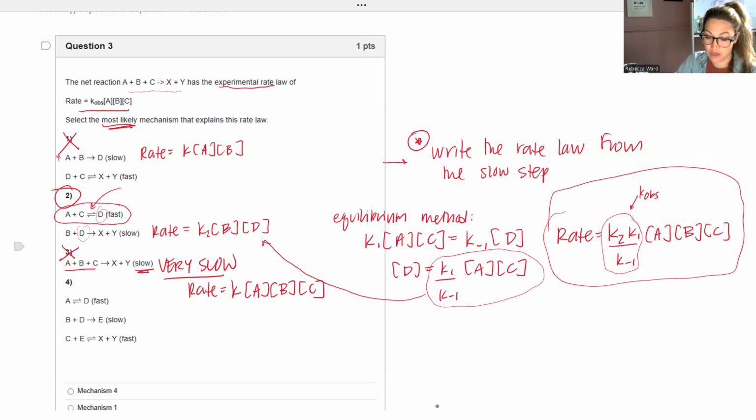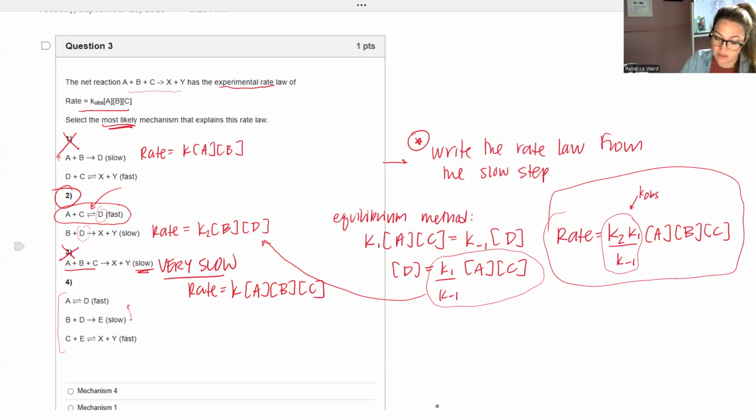Okay, you've got one more here. This is a three-step mechanism. Again, per our most important rule, write the rate law from the slow step. Find the slow step, and then work backwards. Anything after the slow step, like another fast step afterwards, we don't need to consider when we write the rate law.